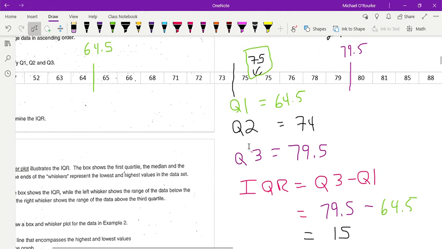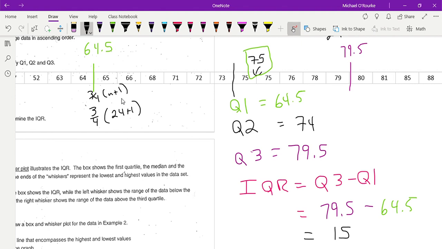So I'll do Q3. If I want to do Q3, I'm looking for 3/4, correct? So it'd be 3/4 times how many terms I had? 24 terms, right? 24 plus 1, because the formula is 3/4 times n plus 1. So that'd be 3/4 of 25, which is, what's 3/4 of 25? 17.5?